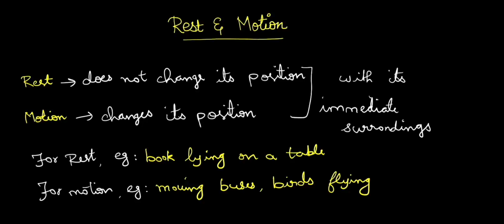So rest means it does not change its position with its immediate surroundings, and motion means it changes its position with its immediate surroundings. A book lying on a table, a chair which is just static in its position, a bicycle placed in a stand, or a non-moving, static car all come under rest positions.